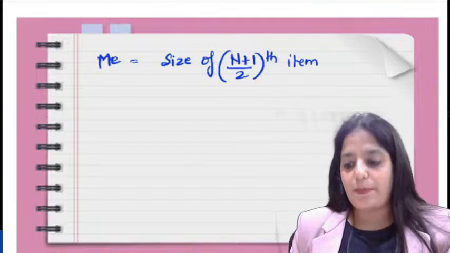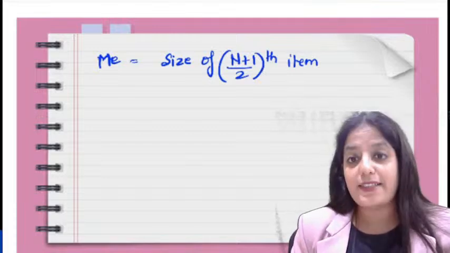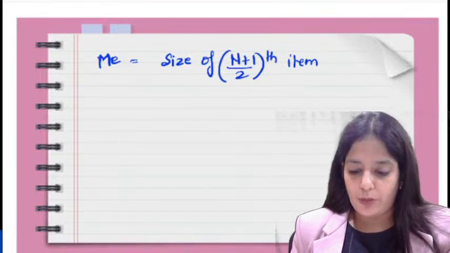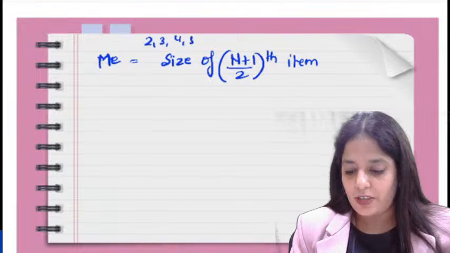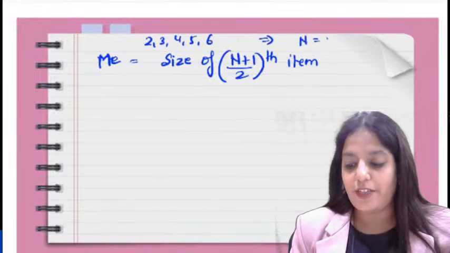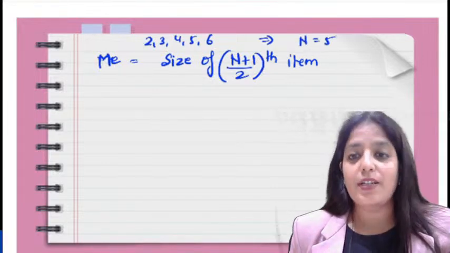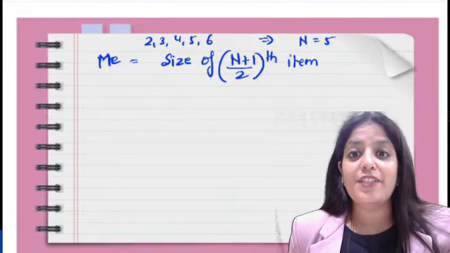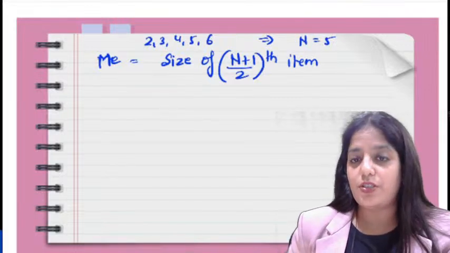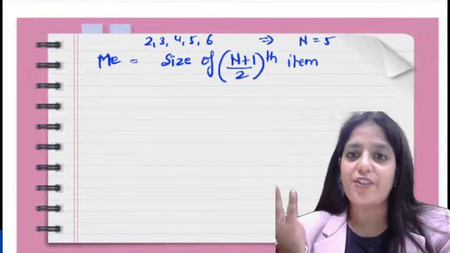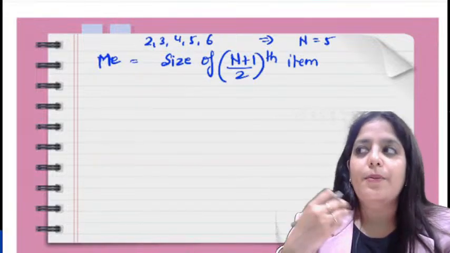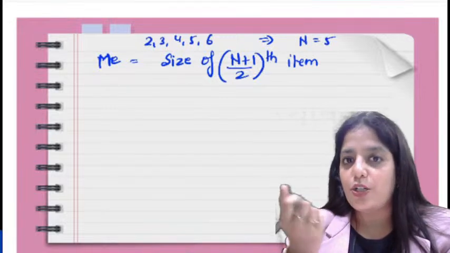See, let's say we have the observations 2, 3, 4, 5, 6. So the number of observations here is 5. And always remember, in case of median, we need to arrange the observations in either ascending or descending order. Preferable is ascending order, but you can arrange it in descending order as well.